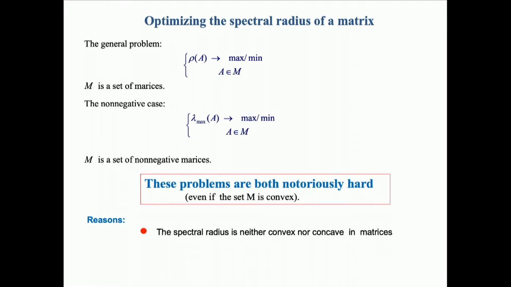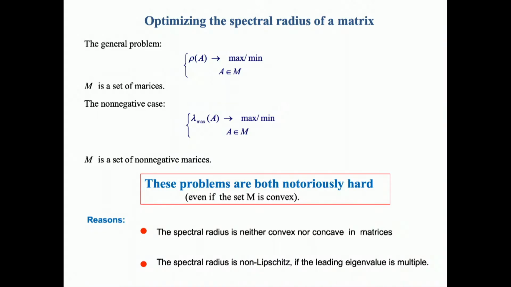Two, let's say, regrettable properties of the spectral radius as a function of a matrix. First of all, the spectral radius is neither convex nor concave. The second, the spectral radius may lose Lipschitz continuity. It happens when we have multiple eigenvalues. Of course, we can object that multiple eigenvalues are very rare. Actually, a random matrix doesn't have multiple eigenvalues.